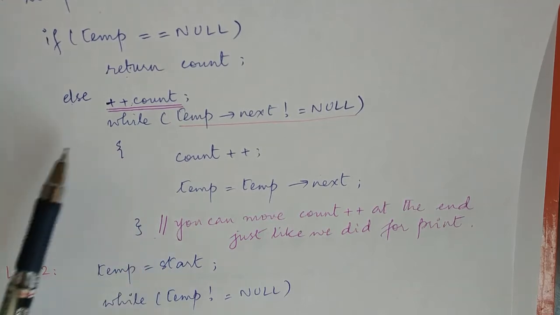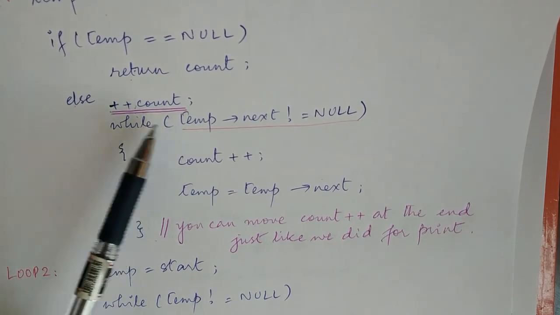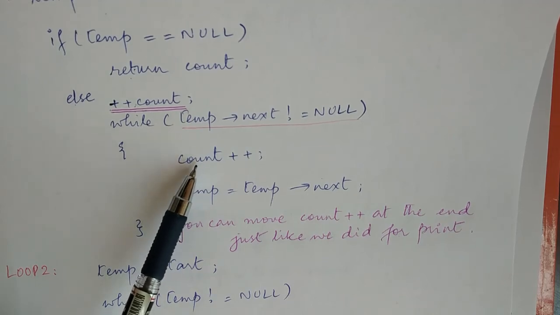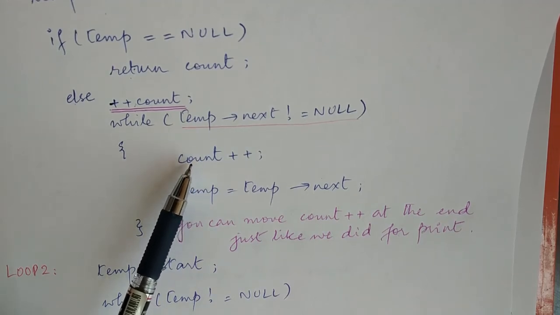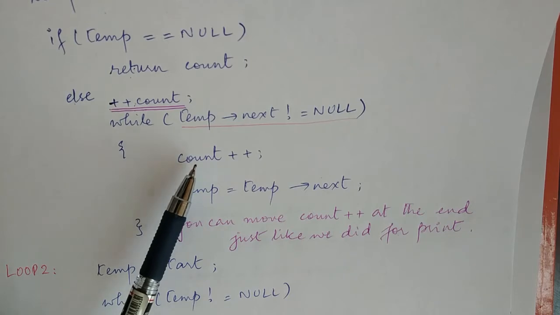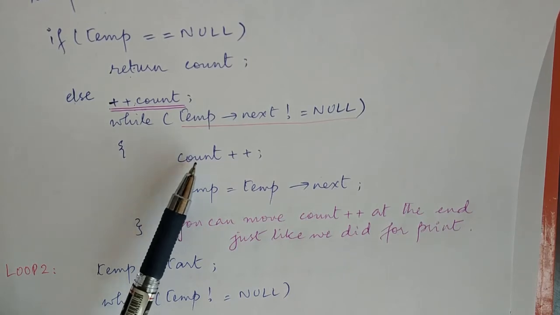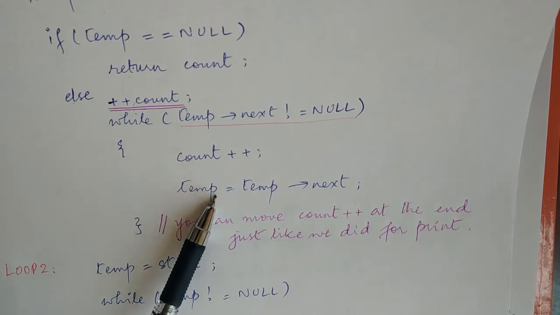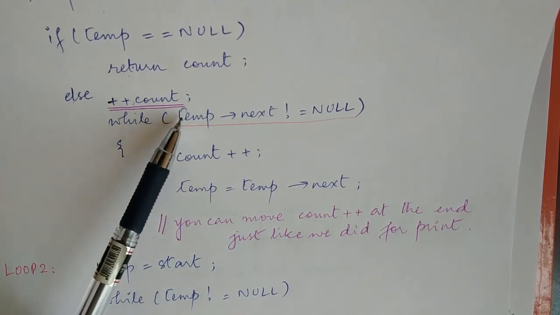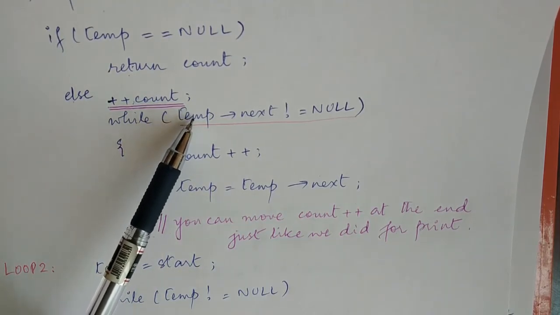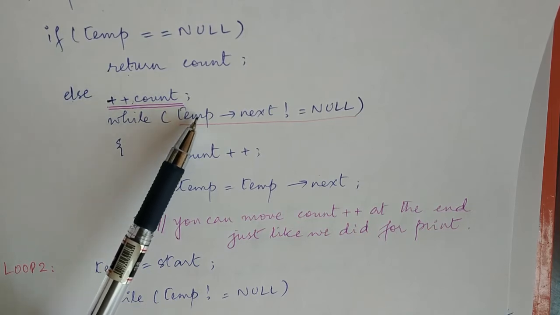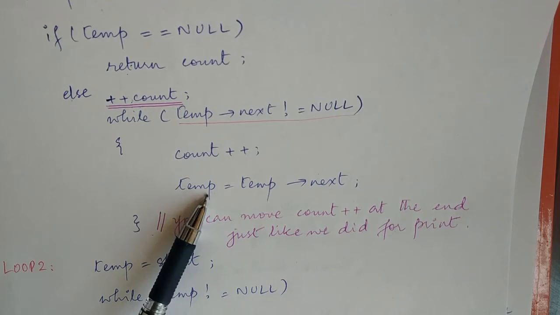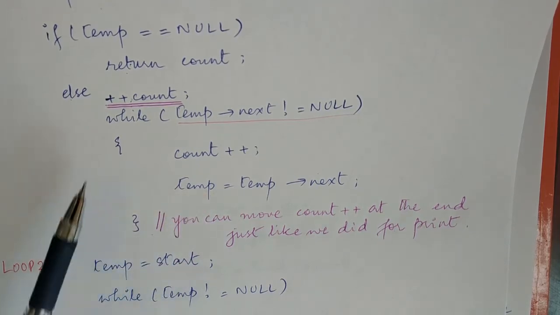So what are we doing in this loop? While temp next is not equal to null, just like we printed, instead of printing we are incrementing. So in case of print, we printed the first data element, and in this case we are incrementing count to count plus 1. Then we are moving on to the next node. You're checking if the next field of this node is null. If it is not null, we go inside, again do an increment, again move on or jump to the next node, go back.